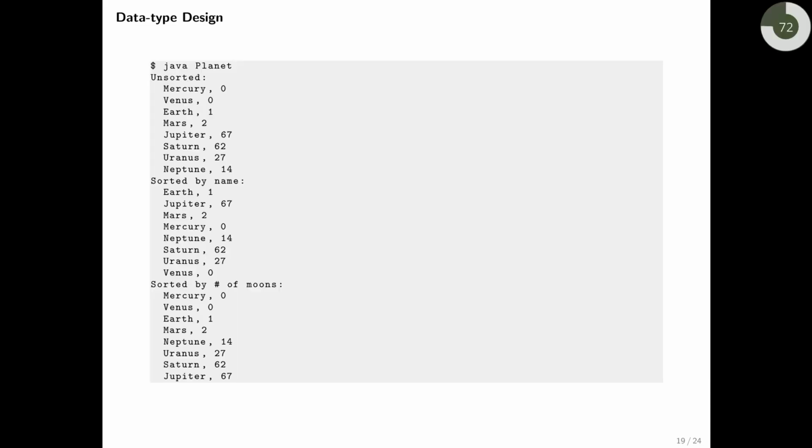So we run this program by saying java Planet, and what we see here is exactly what we expect to see. In the first instance, when we printed all the planets, it just came out in the order in which the array was created. So this is basically ordered as initialized in the array.